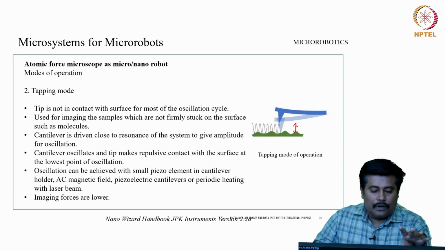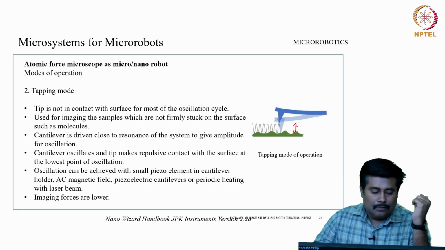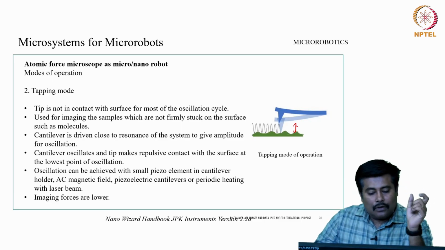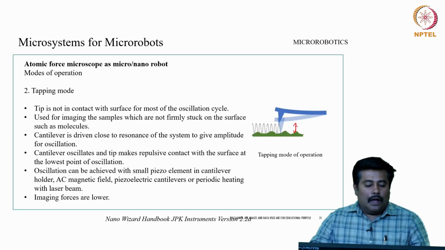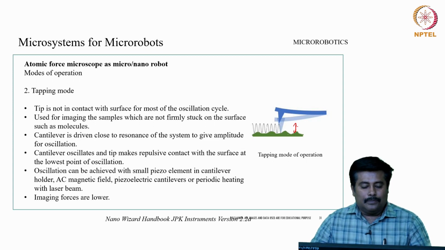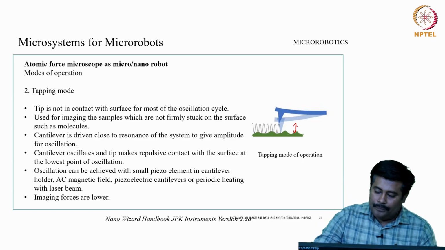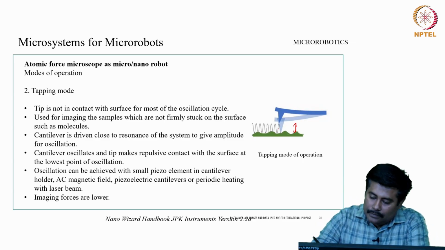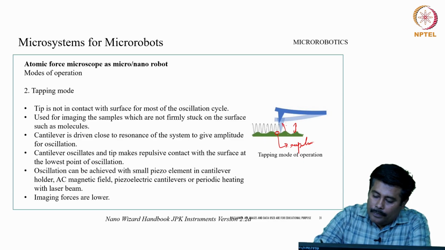It is used for imaging samples which are not firmly stuck on the surface, such as molecules. The cantilever is driven close to the resonance of the system to give an amplitude of oscillation, and the cantilever oscillates and the tip makes a repulsive contact with the surface at the lowest point of the oscillation. So, at the lowest point of oscillation we will have a repulsive force, and at the top edge we will have an attractive force.